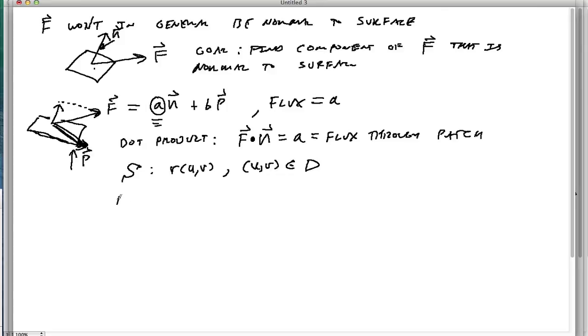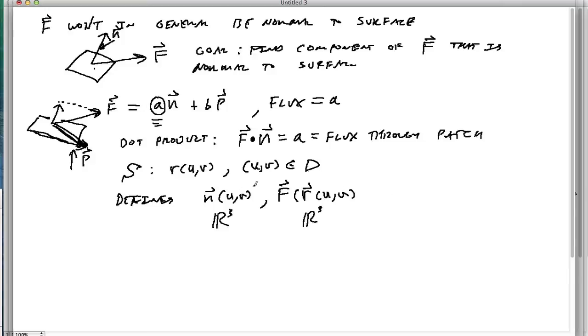So that then defines N of U and V. And we also can define F, the vector field on the surface, as F evaluated at R of U and V. So these are two vector functions, one in R3 and one in R3.